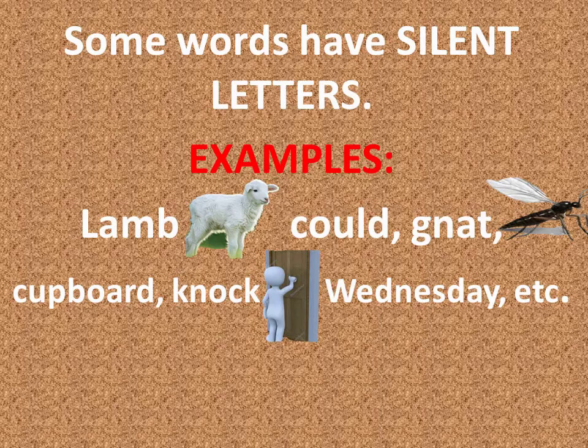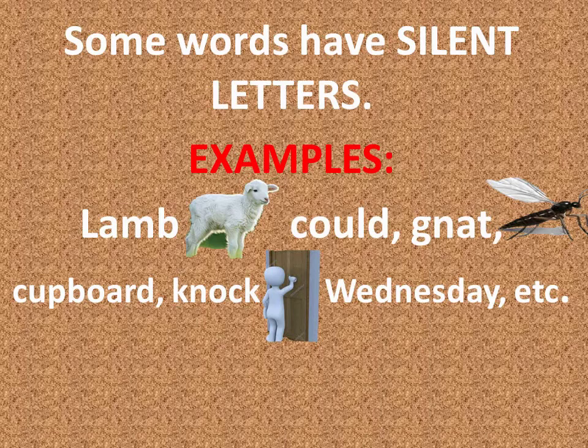Now let's consider a few examples of the words you see on the screen. The first word there is lamb. Listen to me again. Lamb. I didn't say lam-b. Okay, so the B there is silent and so shouldn't sound out.